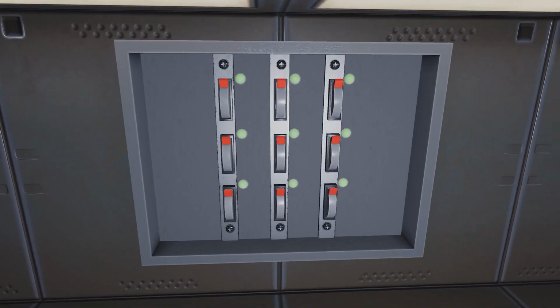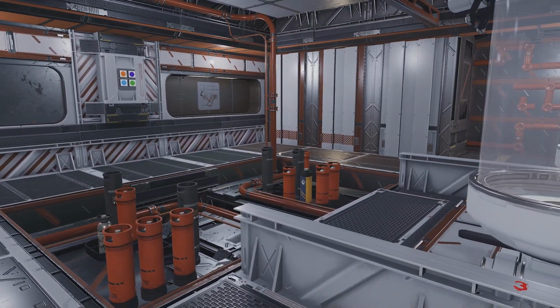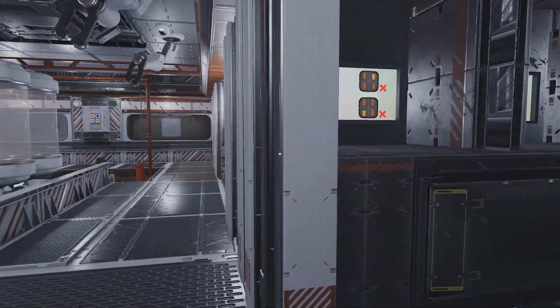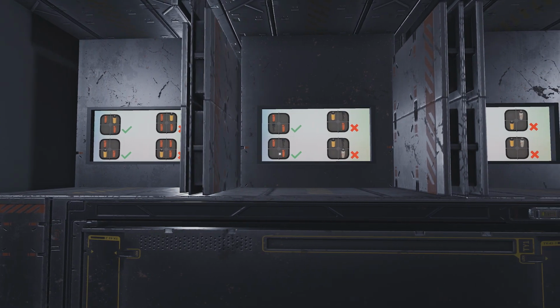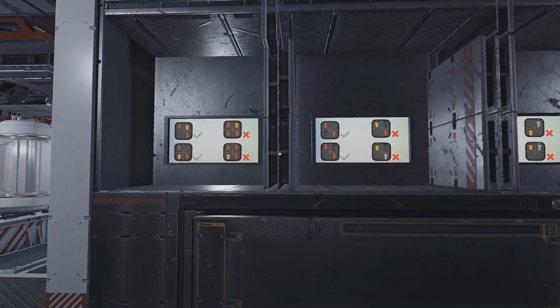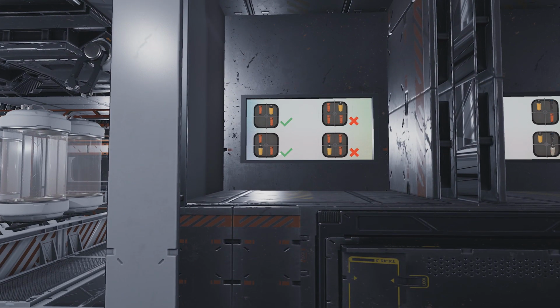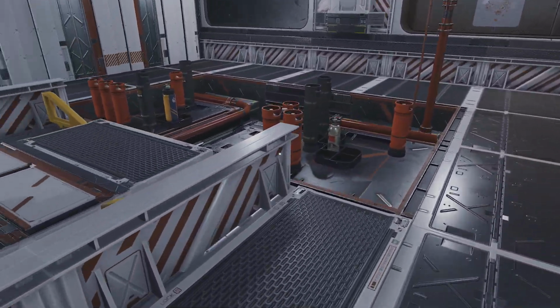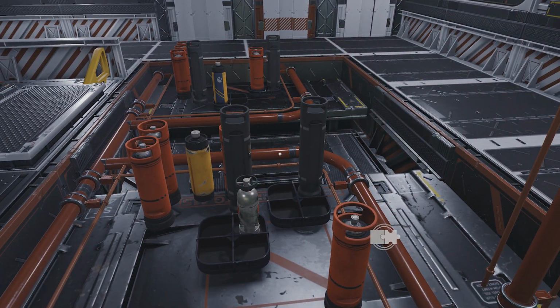Oh, I think that gave us the solution for our canisters. It's kind of annoying how far away it is from the canisters, but why do I have three different solutions here? I only have two things of canisters to play around with, do I not?